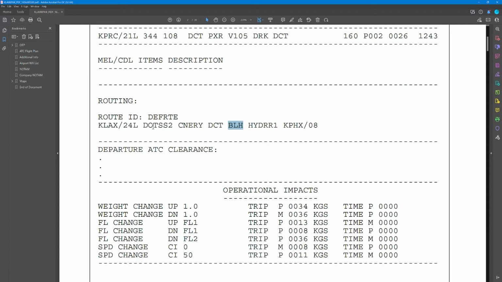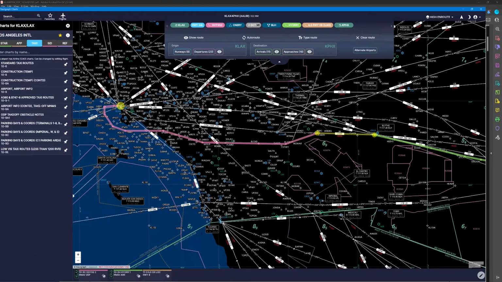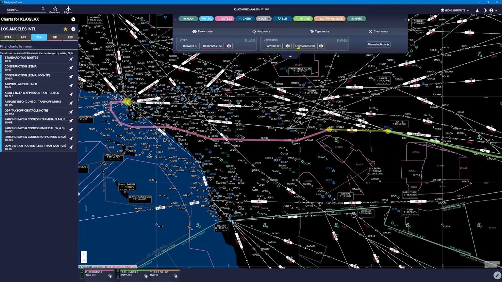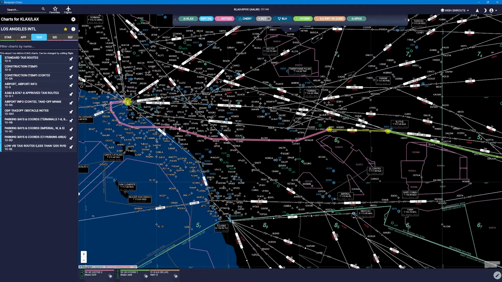So let's take a look at the departure DOTS 2. For that, I'm using NAVIGRAPH. Now this looks overwhelming if this is the first time you've seen this, but don't let it overwhelm you.